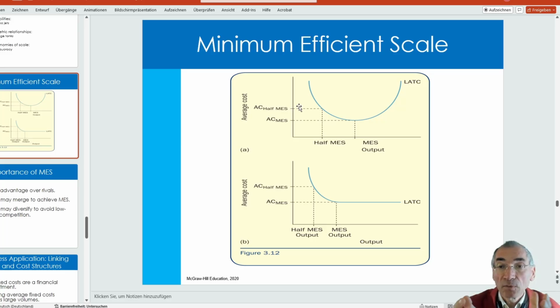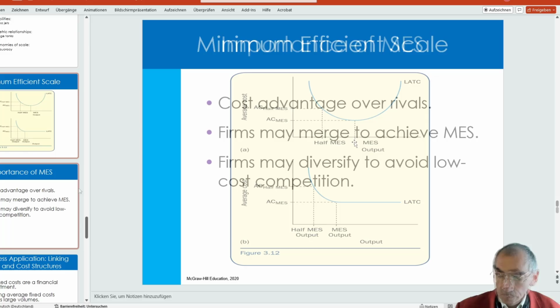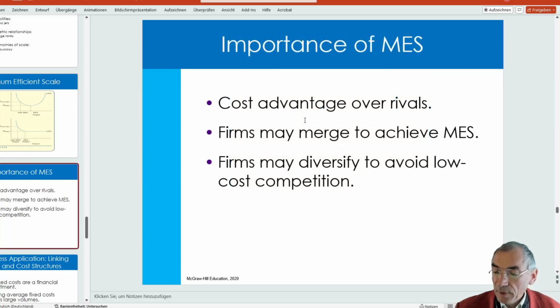That might be an active thing, that might be an acquisition, that might be a takeover, and so on. But this minimum efficient scale is where firms should be in order to produce on a good level. Regarding the importance of the MES, they might merge in order to achieve cost advantages over rivals again. They might diversify and so on.